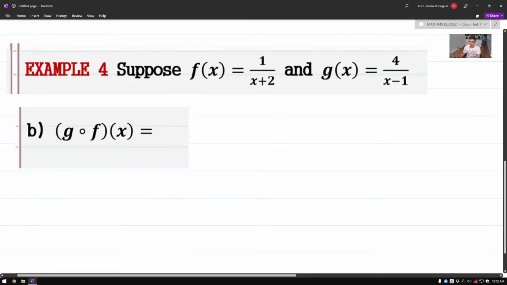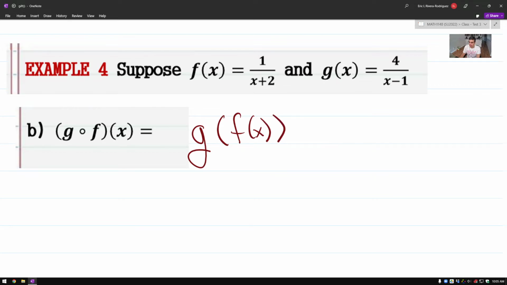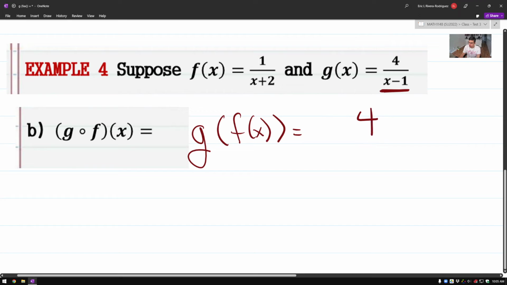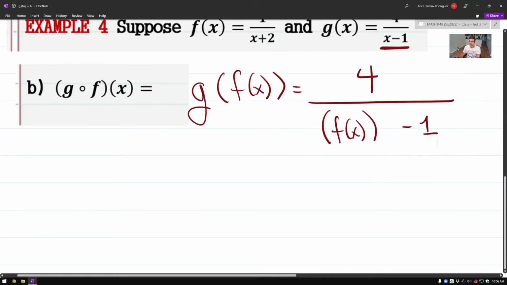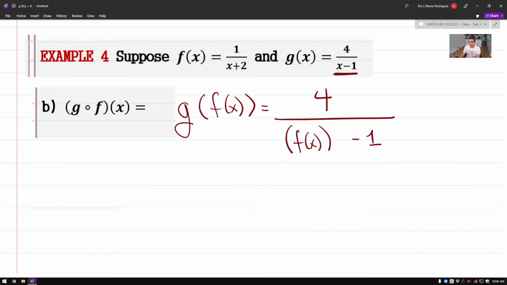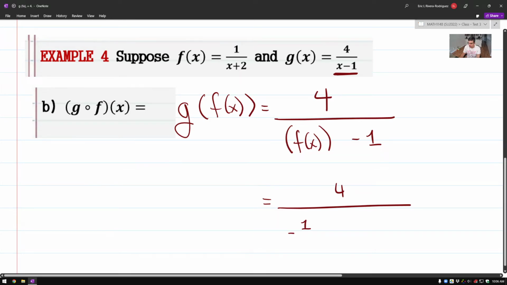Okay, let's do this. So this is g of f of x. We have the definition of g here. So this is 4 over, where x is, now we are going to write f of x minus 1. Then what I'm going to do is to replace f of x with its definition.